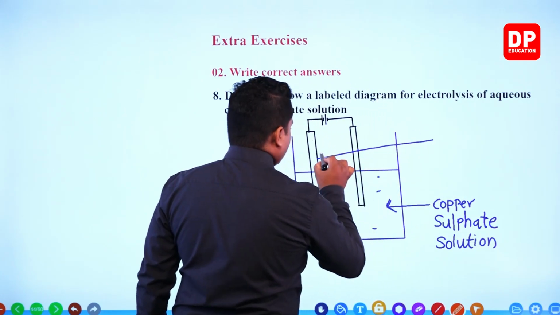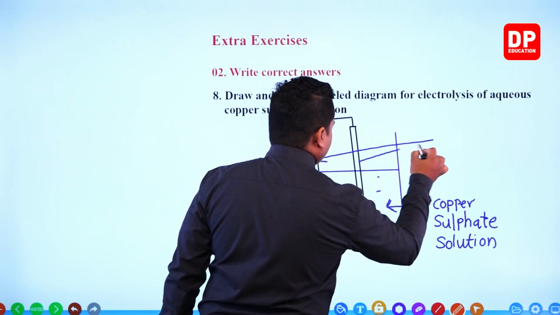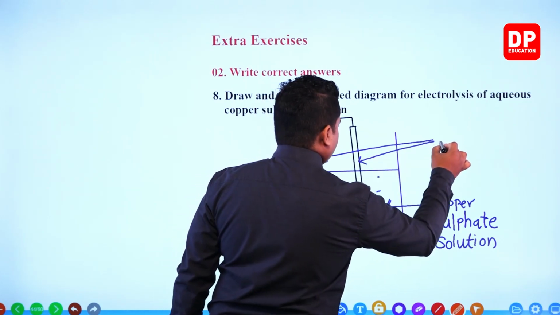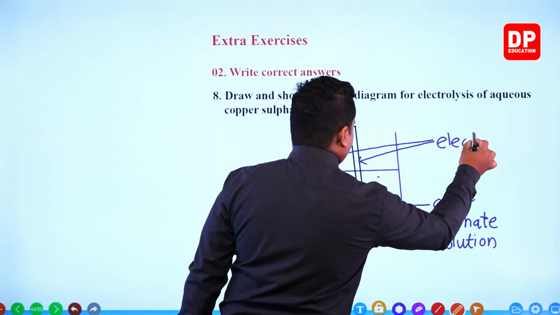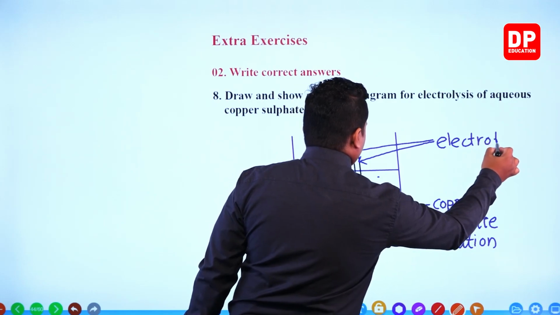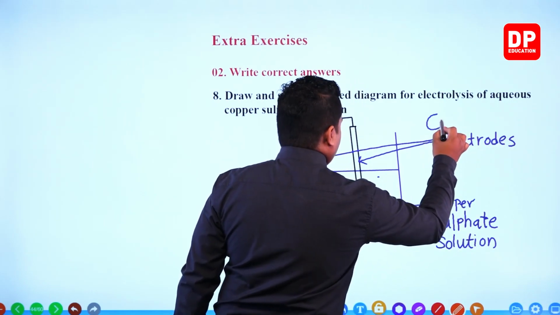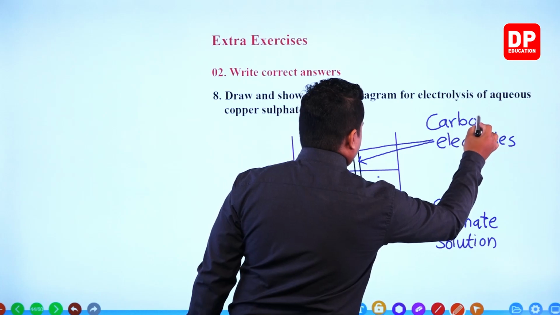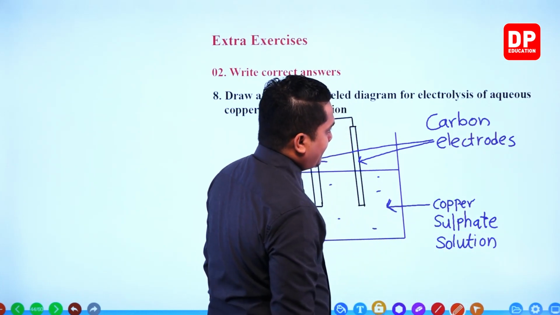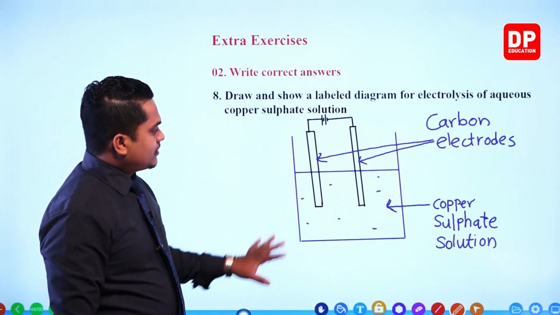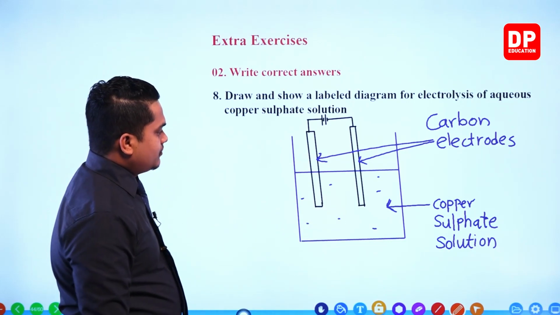These are the electrodes. Very simple. Carbon electrodes. Right. So carbon electrodes and the copper sulfate solution.